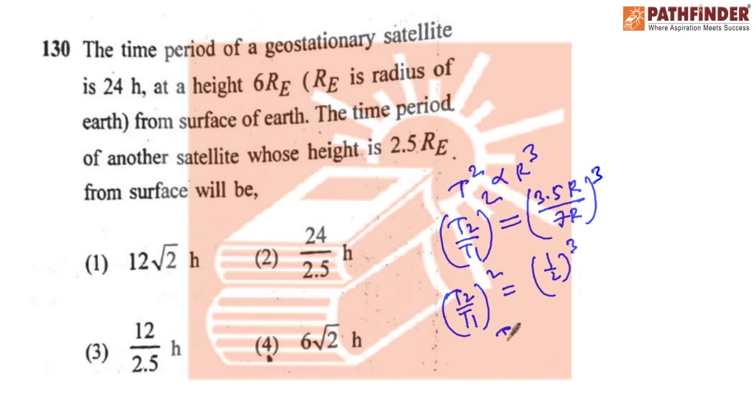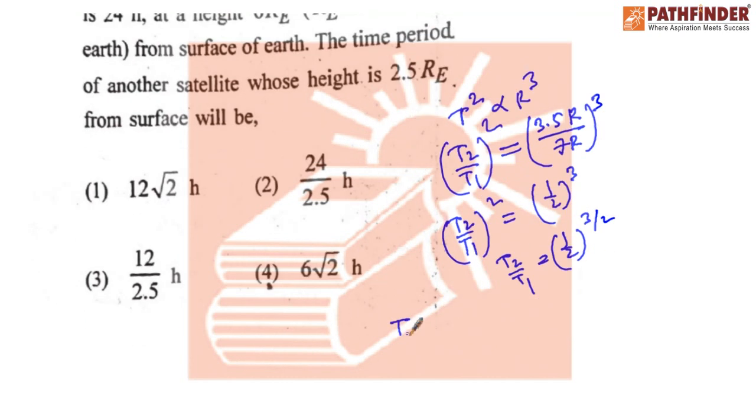And T2 by T1 is equal to half to the power 3 by 2. So you can determine T2 is simply equal to 24, that is T1, 24 hours times 1 by 2 root 2, half to the power 3 by 2. Okay, so T2 is equal to 6 root 2 hours. Okay, so correct option is option number 4.